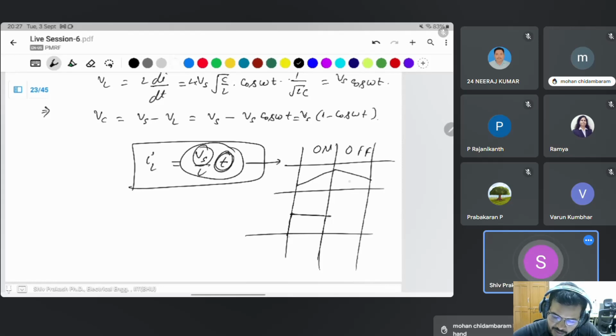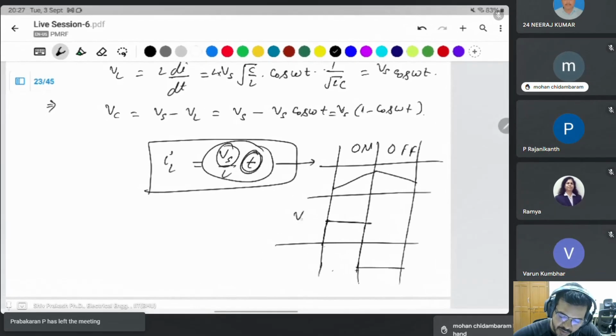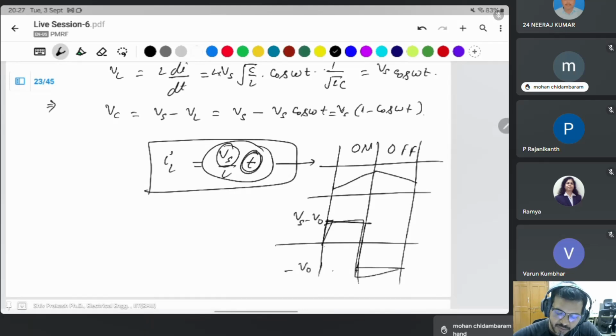When it is negative, it will be minus V naught in a buck boost converter. In a buck converter, it will be Vs minus V naught. That's why the voltage is in pulses, but the current will be like that.